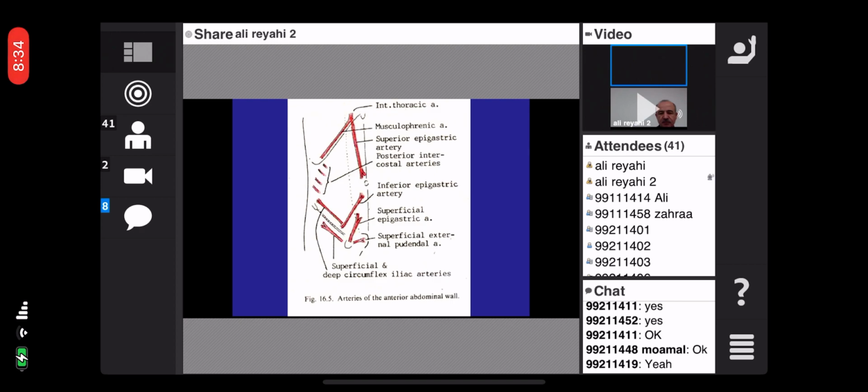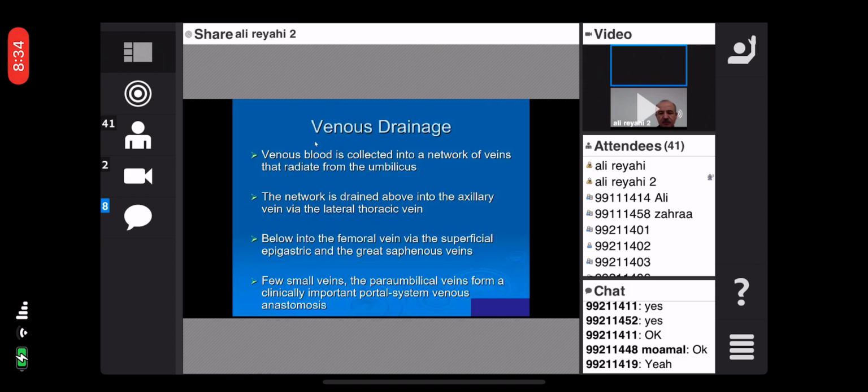Okay, after we learn the arteries, we must learn the drainage of the abdominal wall. Attention please, the venous blood is collected into a network radiating around the umbilicus.